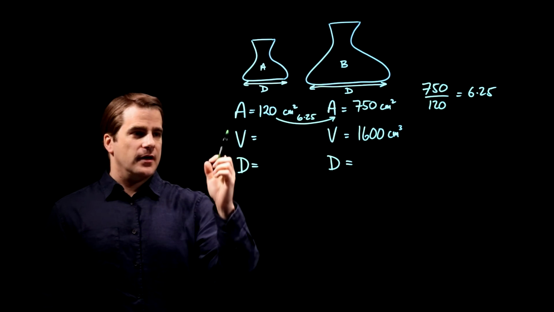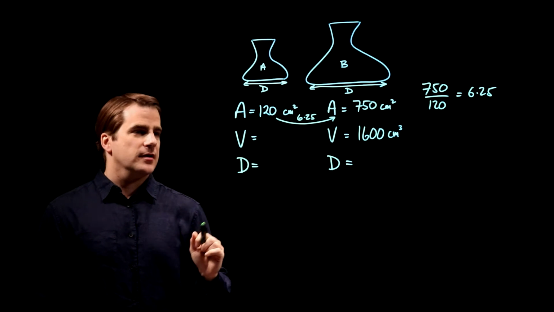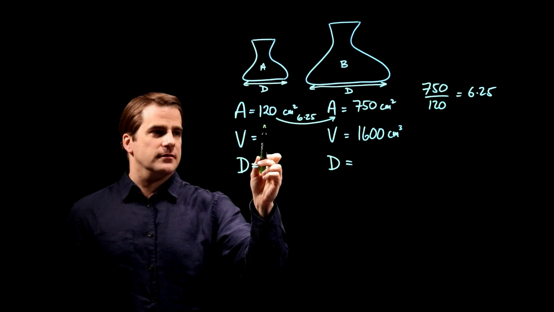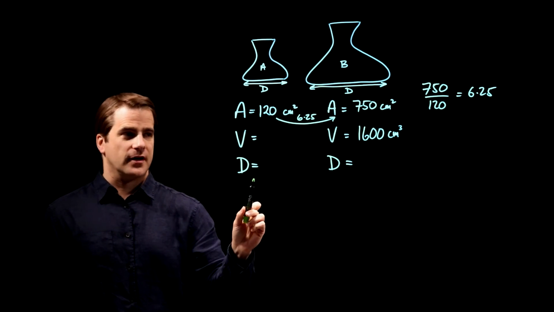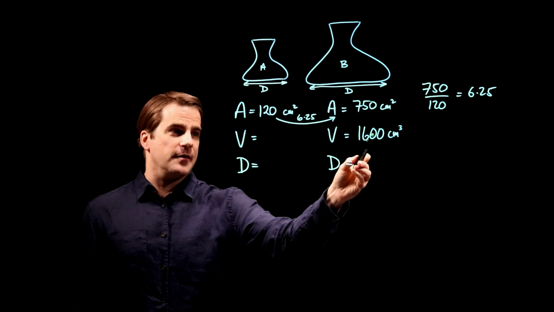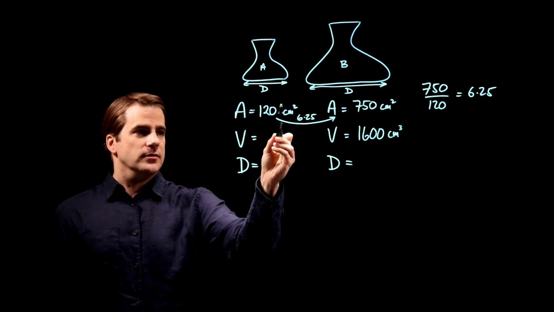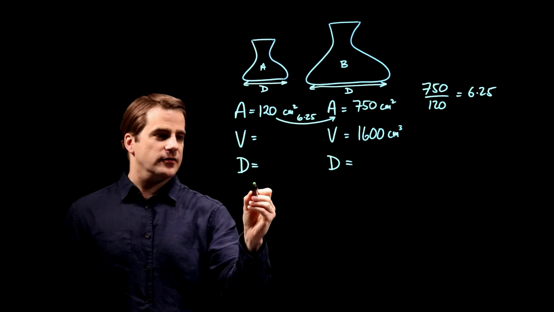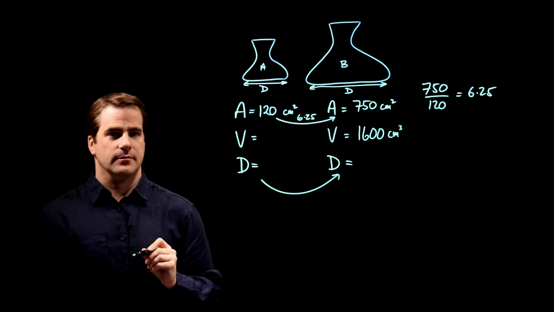Now, with area, volume and single dimension scaling problems, the area, volume and D all scale with different scaling factors. It's not as simple as just dividing that by 6.25 to get this volume. What we're going to do is go from the area scaling factor, we're going to work out the diameter scaling factor.